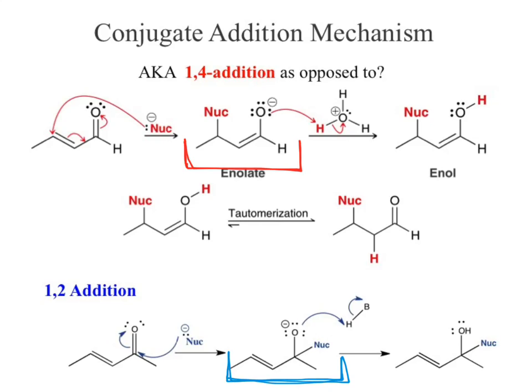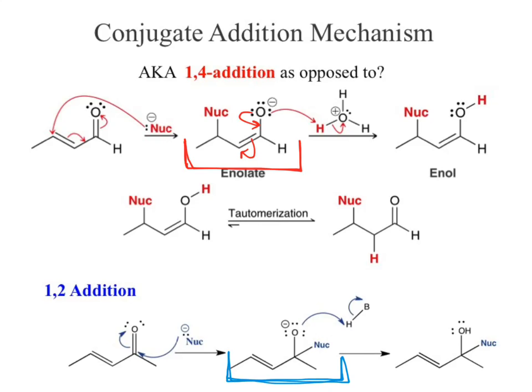What we're looking at is the intermediate of our very first step in both the 1,2 and the 1,4. In the 1,4, what do we end up doing with that negative charge? We have resonance stabilization.